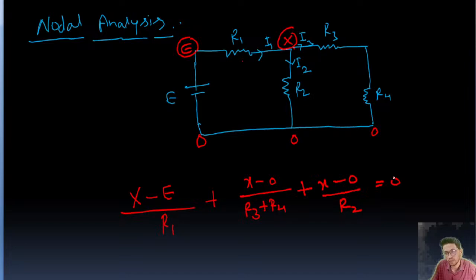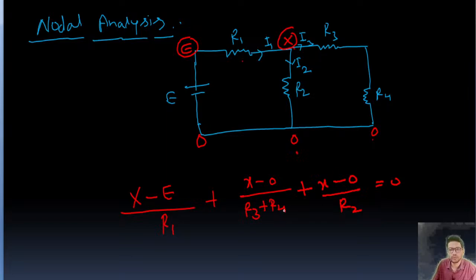We have used KCL: the current at the junction is 0, right? So X minus E upon R1 plus X minus 0 upon, these are in series, that's why R3 plus R4, plus X minus 0 upon R2.